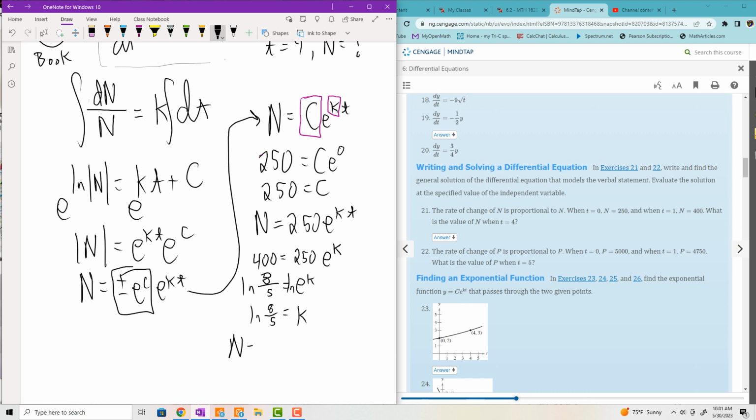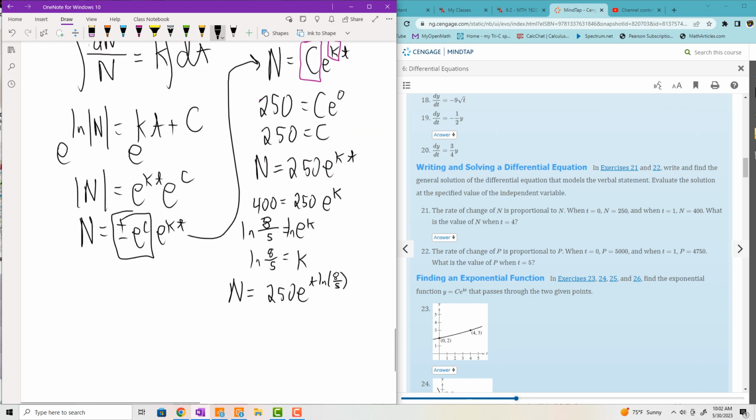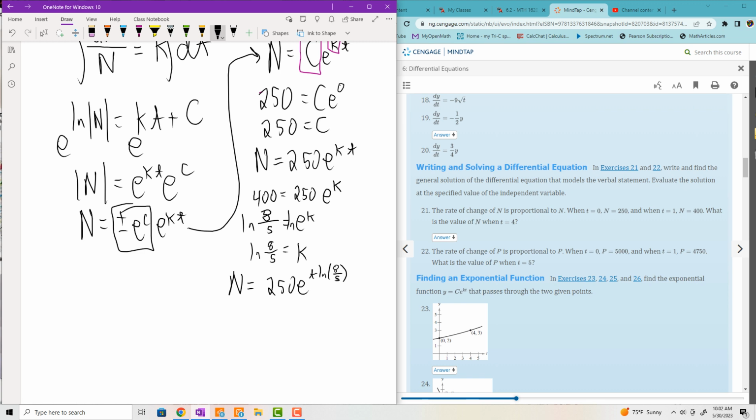So my equation n is 250 e to the t times ln of 8/5. And now you can use that equation to solve for any other unknown. Okay, so in particular, I want to find n when t is 4. So in that case, n will be 250 e to the 4 ln of 8/5.